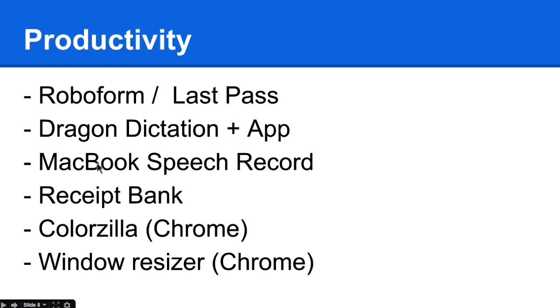Anyway, I put here MacBook speech record. What I mean by that is on my MacBook, I can use shortcut keys, and it brings up the speech tool, and I can talk into it, and it just converts it all to text. It works far better than my Dragon Dictation app on my phone, which I was quite surprised with.